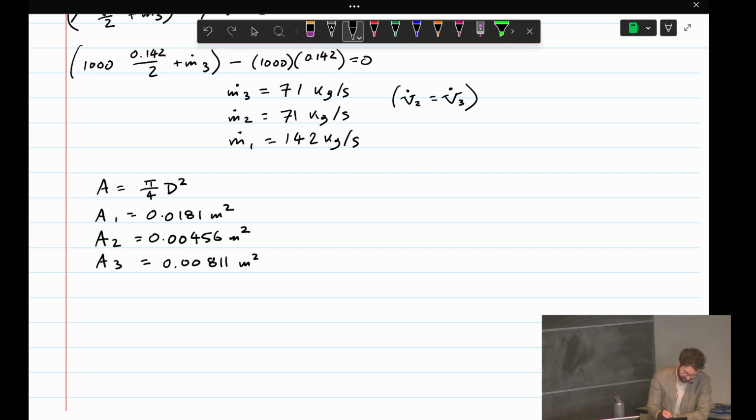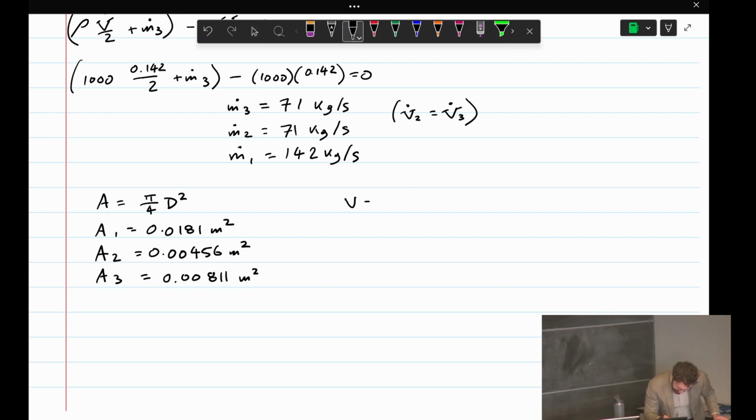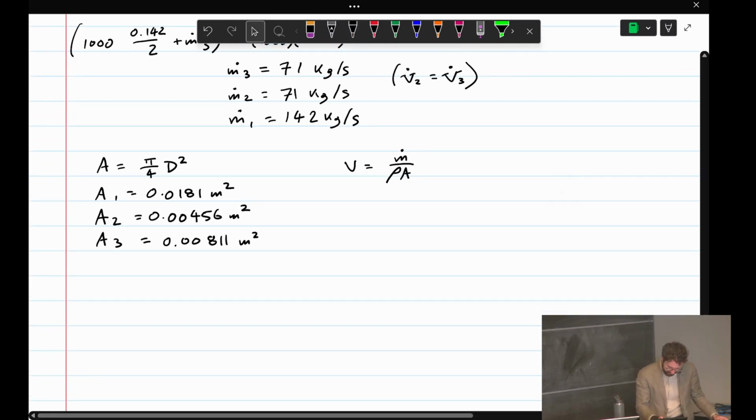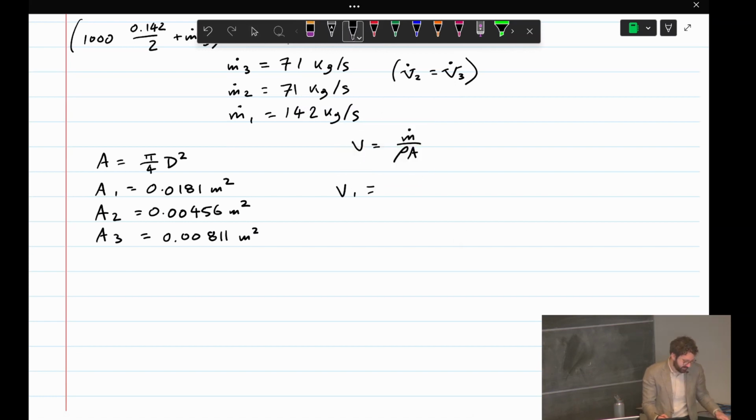We know the mass flow rates, we know the density, we can get the velocity now. So V is m dot over rho A. So we can get the velocity in each of these branches.